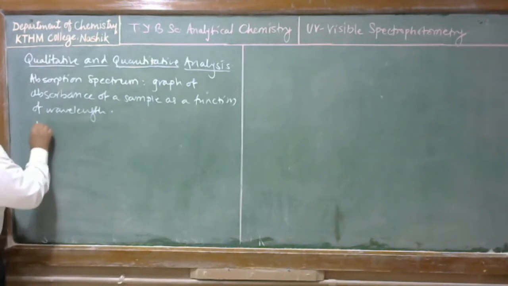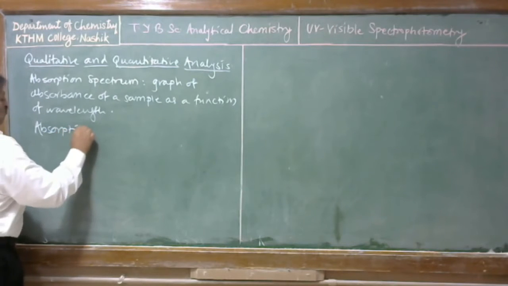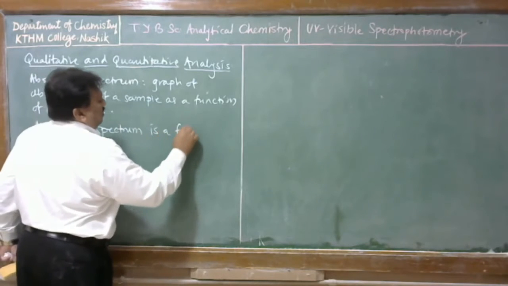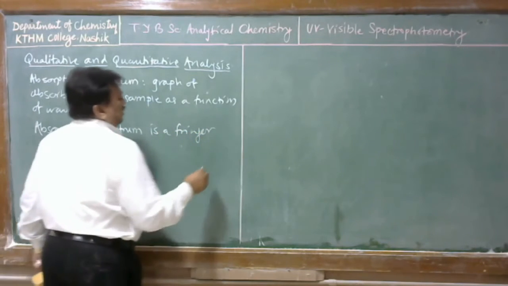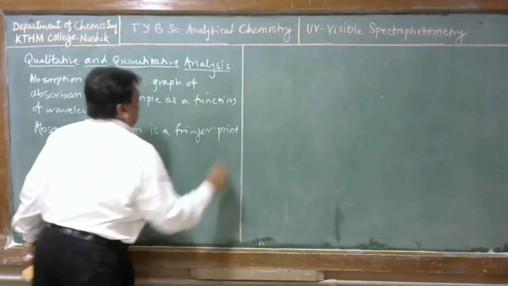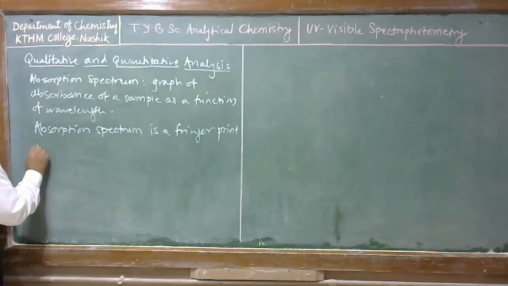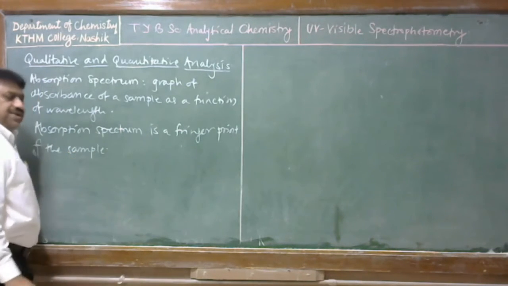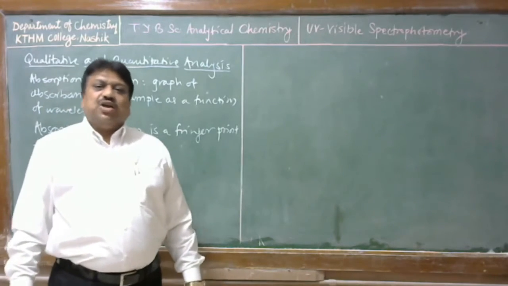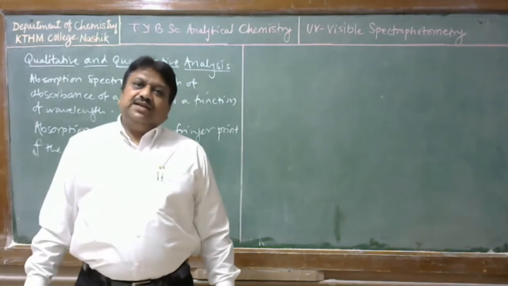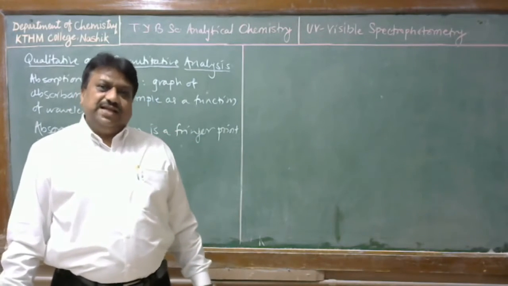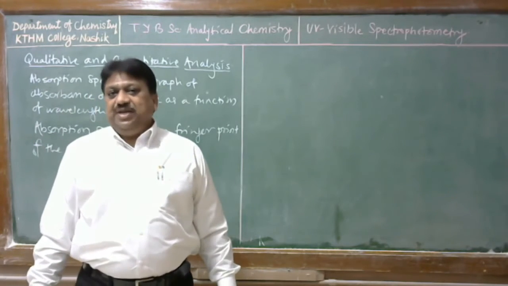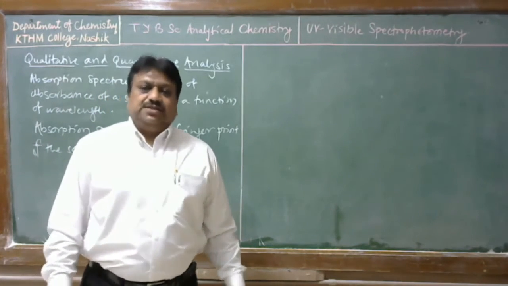Therefore, the absorption spectrum is a fingerprint of the sample, and we can utilize it for identification. The peaks obtained on an absorption spectrum signal the wavelength of analysis. Therefore, we can identify the material on the basis of the absorption peaks obtained in the absorption spectrum.